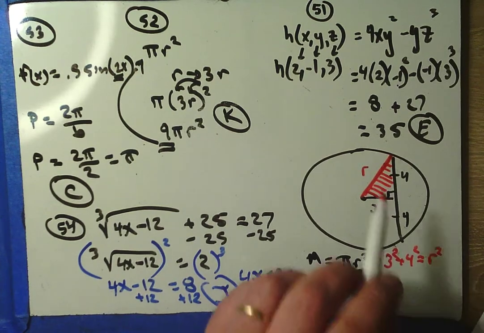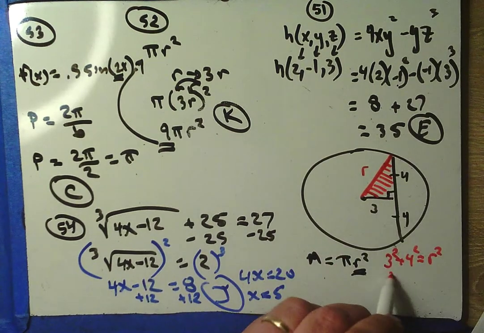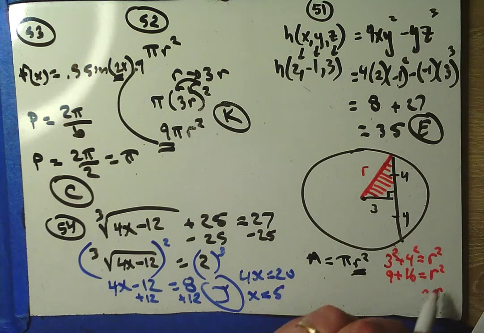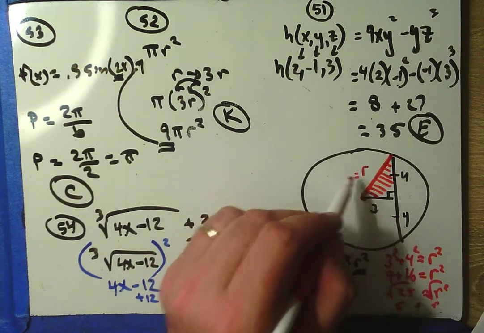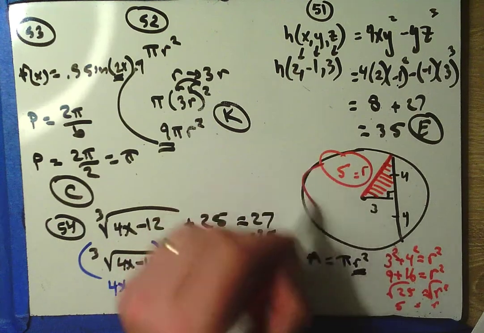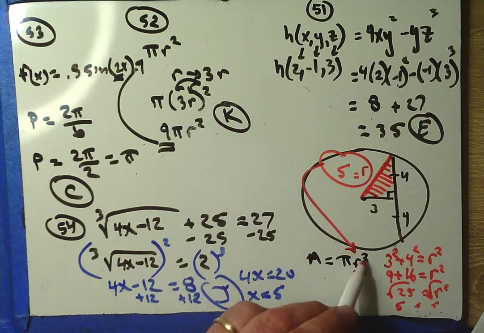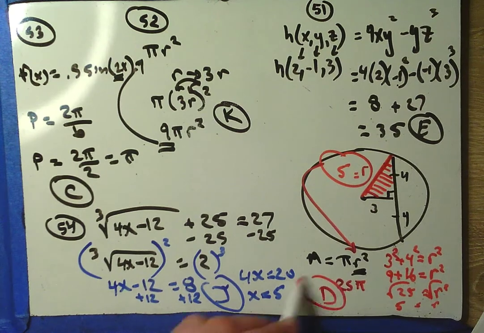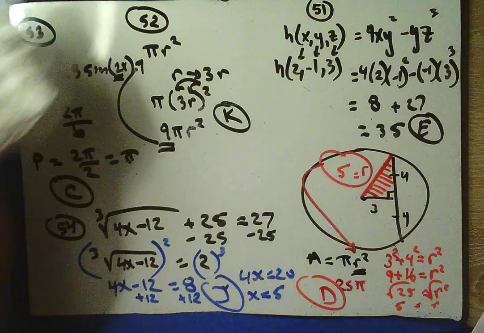If you didn't remember your Pythagorean triples, you could always use the Pythagorean theorem to find out that r squared is 25, or r equals 5. So if the radius is 5, then 25 pi is the area of our circle, and that's choice D. D for number 55.